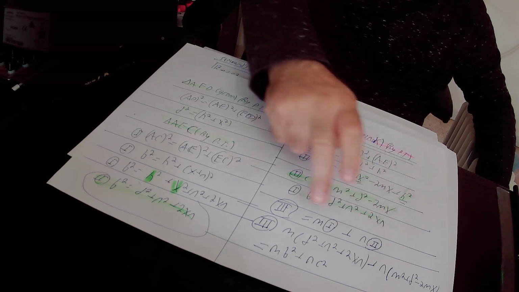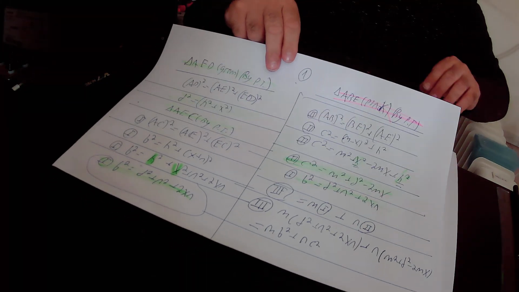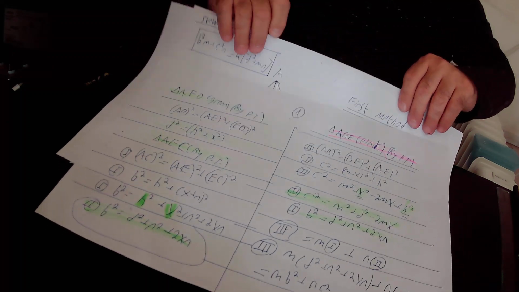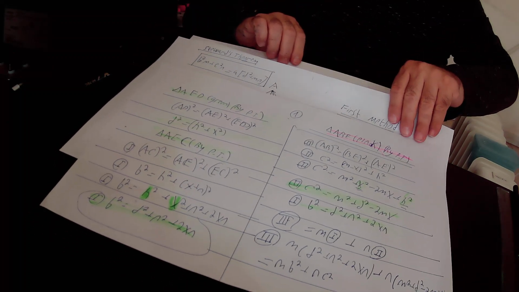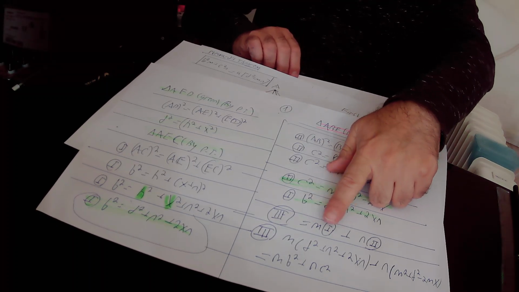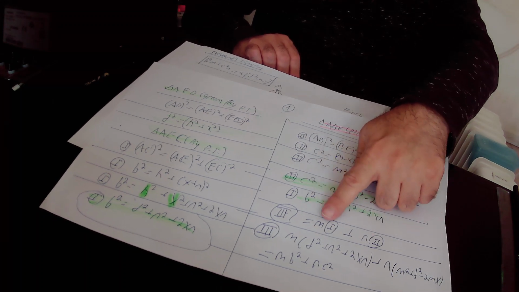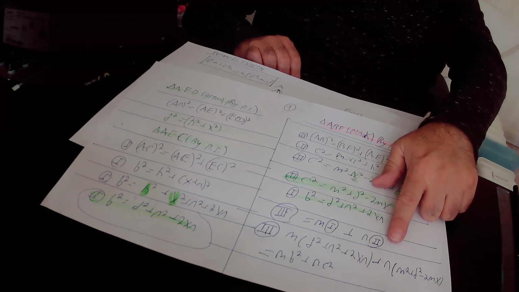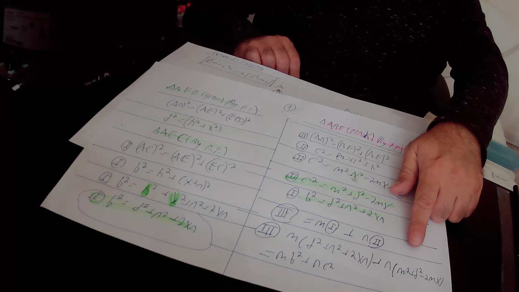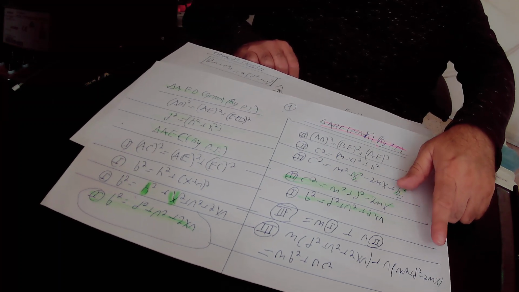We open the brackets on both sides of this equation, equation number 3, and we found out that according to equation number 3, we have m times d squared is md squared, m times n squared is mn squared, and m times 2xn is 2 times xmn. Here it is plus m times m squared is nm squared, n times d squared is nd squared, and finally n times minus 2mx is minus 2xmn.